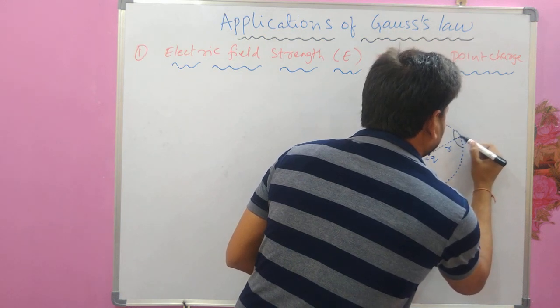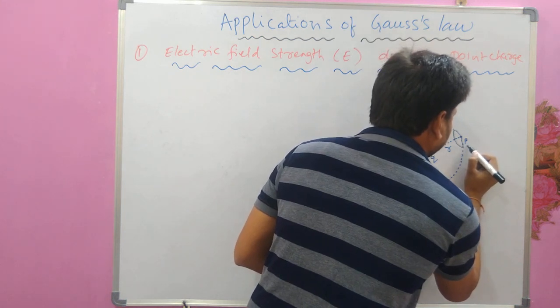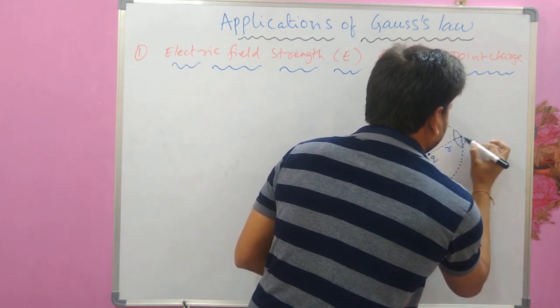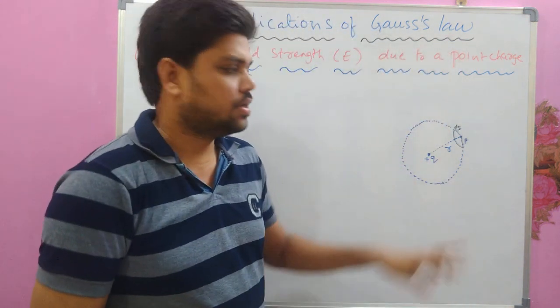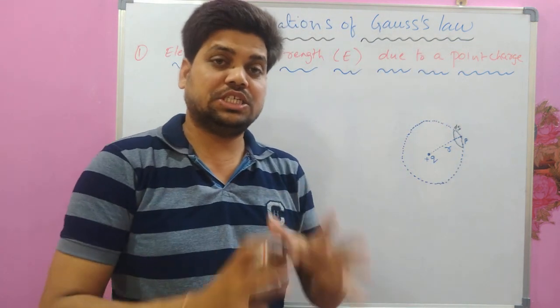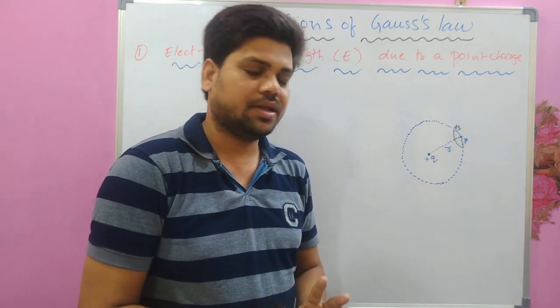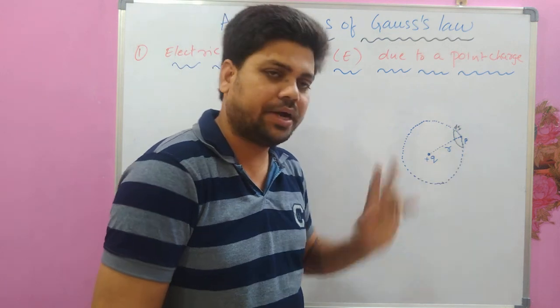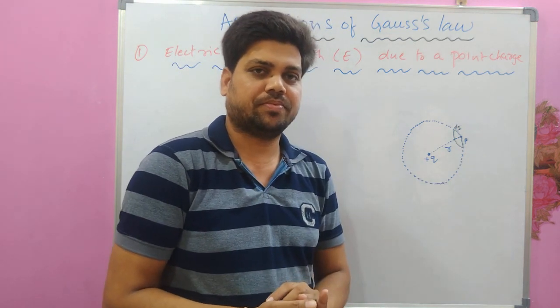So this is my area ds. Let me take this as some ds. Small area element ds is chosen now. The third step is completed. That area element is at point P.